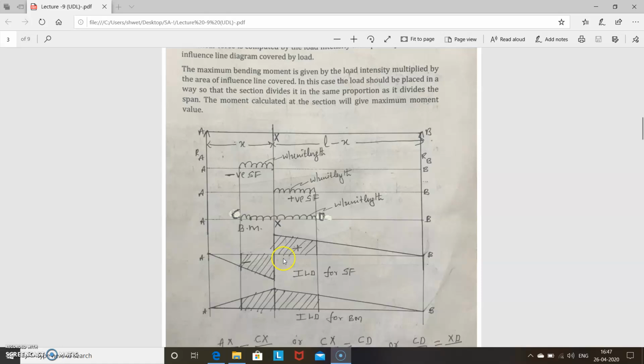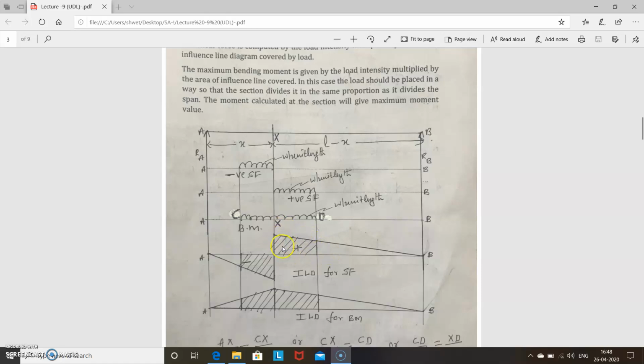Now the total shear force is calculated by intensity into the area of the ILD covered by that load. Now this is the load position, so it covers only this area, not full. Okay, so this area, and positive shear force is intensity into the area covered by the ILD from the load.